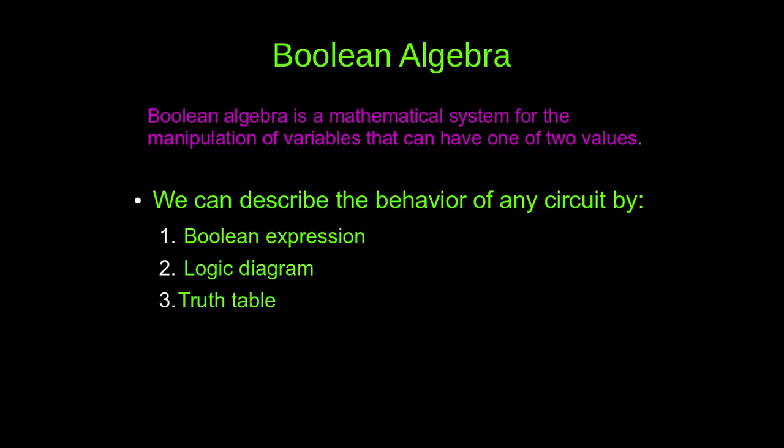Or we can implement it as logic diagrams by connecting the logic diagrams for the 6 gates. We're going to take this. Or a truth table, which lists all possible inputs and outputs for that circuit or for that gate.